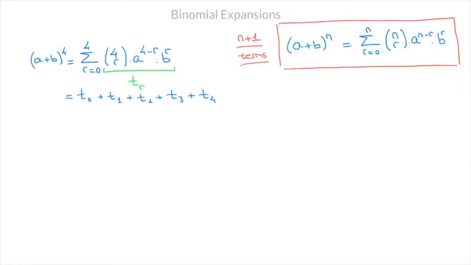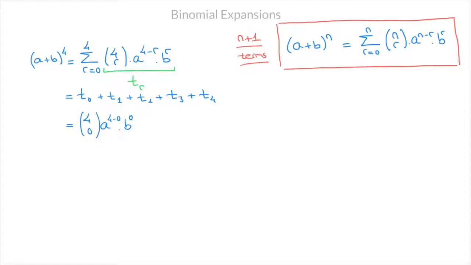Okay, now that we've seen that we have 5 terms in this expansion, how do we actually find them? Well, for each of these terms, T0, T1, T2, T3, and T4, we obtain the term by replacing r inside the general term by the corresponding r value. So for T0, that would be 4C0 times a to the power of 4 minus 0 times b raised to the power of 0.